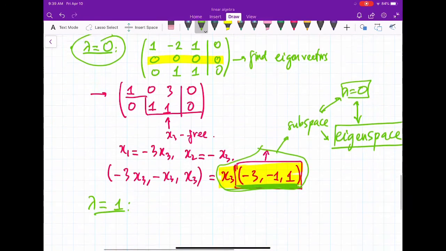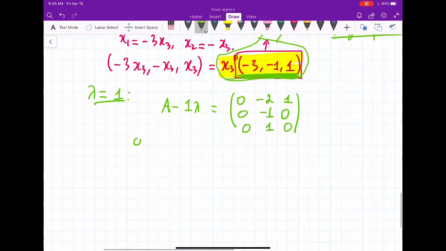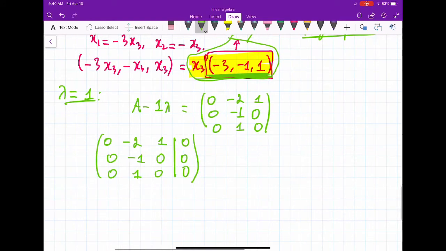So I have the following one: A minus 1 times I equals 0, negative 2, 1; 0, negative 1, 0; 0, 1, 0. Okay, and we need to solve the system with this matrix and 0, 0, 0 on the right side to find eigenvectors.